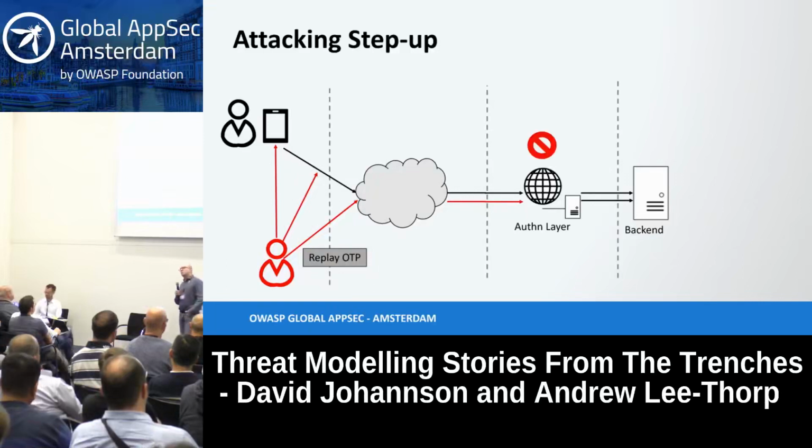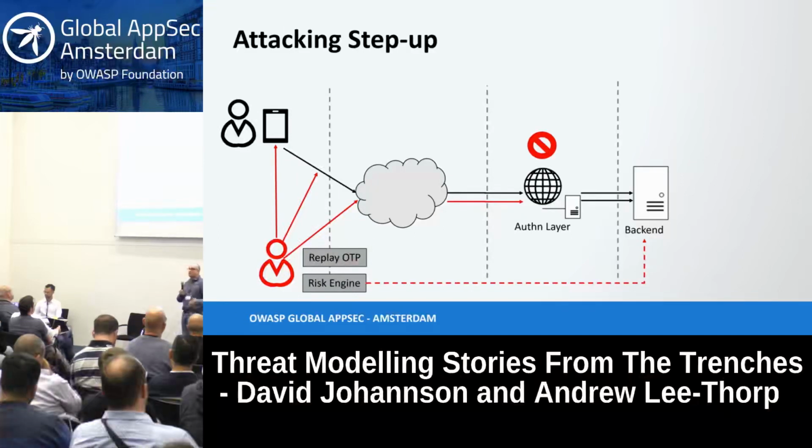Maybe we could trick the risk engine into not doing this step up. That would start to become a little bit more of a creative kind of attack. That would be quite difficult to do from a threat model, because then we really need to understand the details of the risk engine in order to trick the risk engine into not stepping up. But it's a candidate.